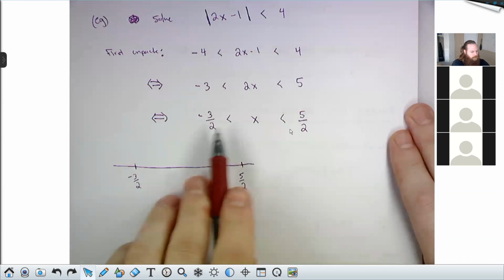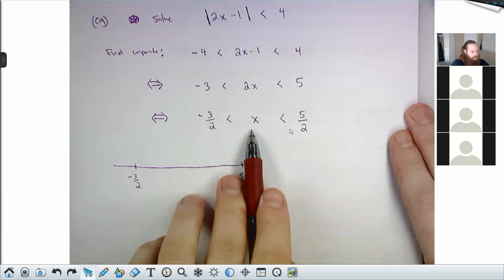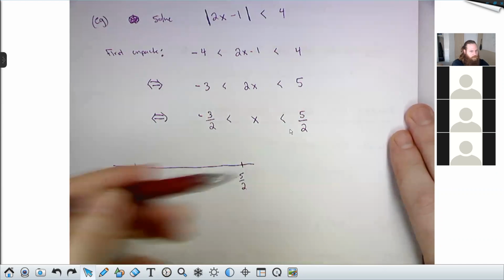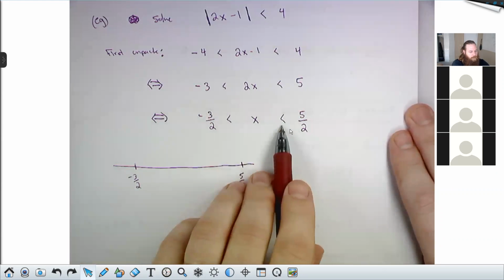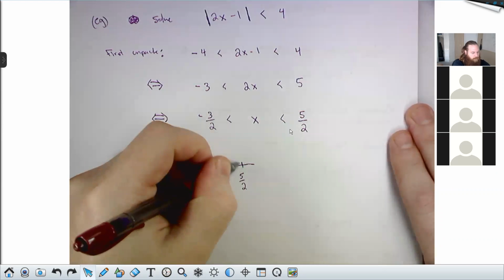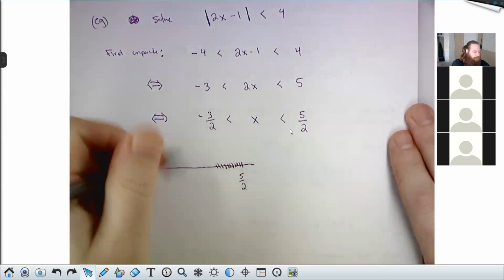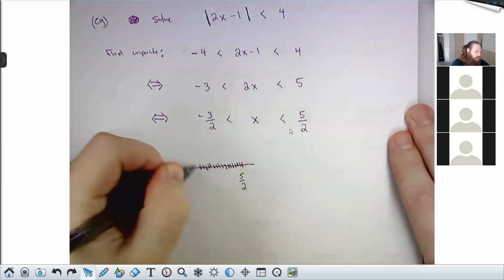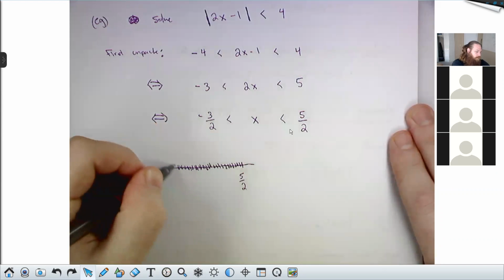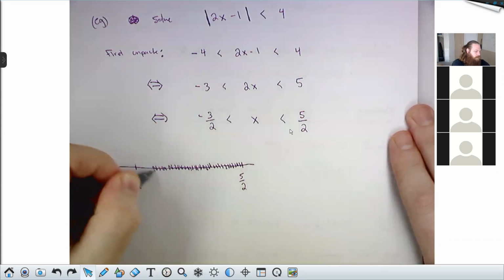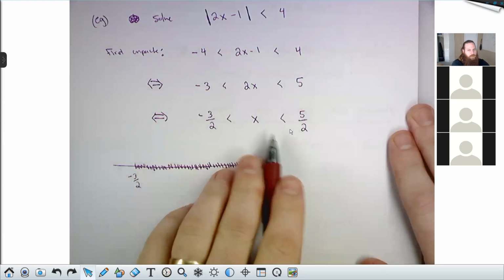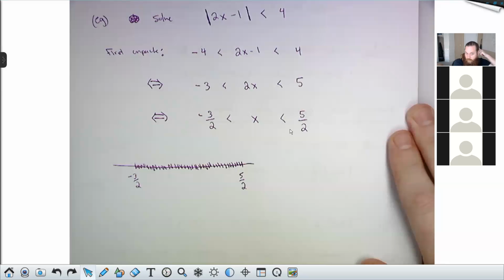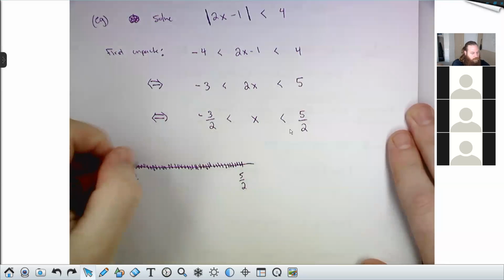And this says -3/2 is less than x. So x has to be to the right of -3/2. But at the same time, x has to be smaller than 5/2. So what I'm looking at is the stuff in between. And you can actually compare this to the definition of an open interval, right? This is the exact same thing as the definition of the open interval from -3/2.